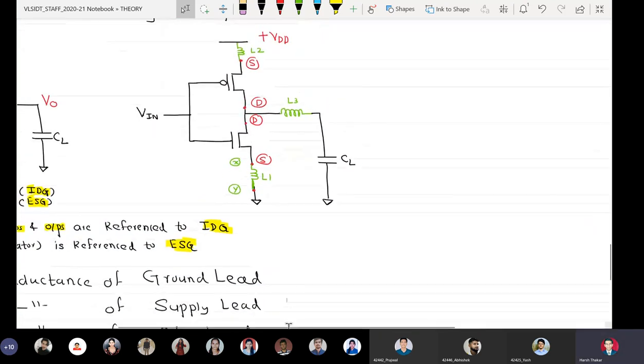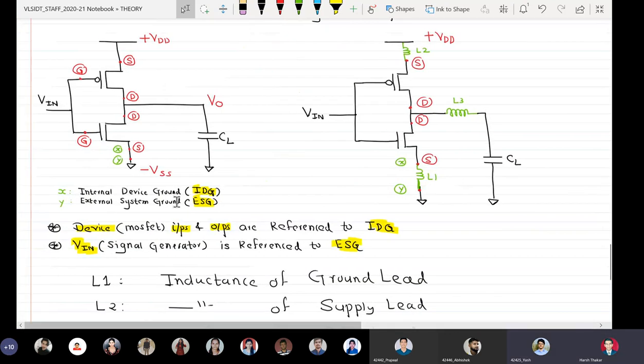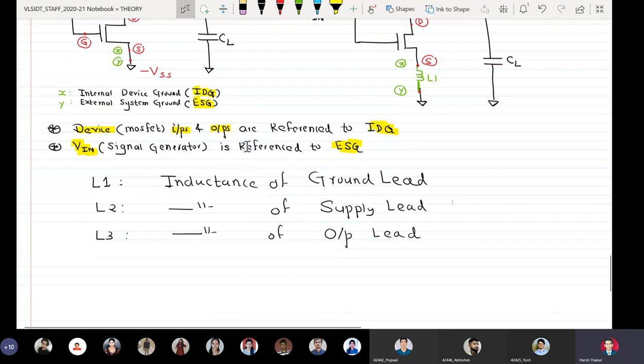Yes, sir. We are able to see that X and Y are directly connected in figure number 1, but X and Y now have an inductance L1 in between. So it is very clear that the potential difference between X and Y in figure number 1 is 0. But now the potential difference between X and Y in figure number 2, that is in the parasitic circuit, is actually equal to the voltage across the inductance.